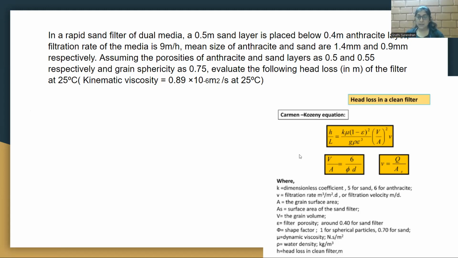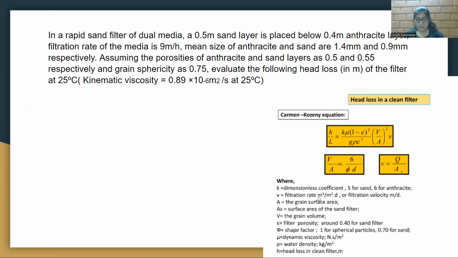So in the earlier classes, we learned about the Darcy-Weisbach equation and finding the head loss through that equation. This is another equation that helps to find the head loss in a clean filter. It is the Carman-Kozeny equation. K is a dimensional coefficient that has values for sand and anthracite.